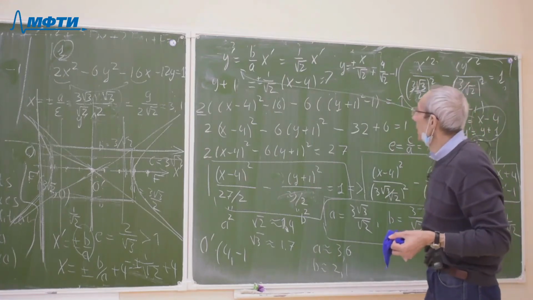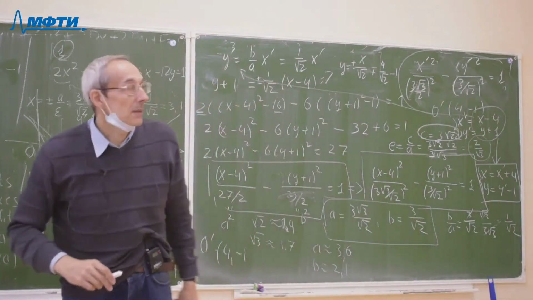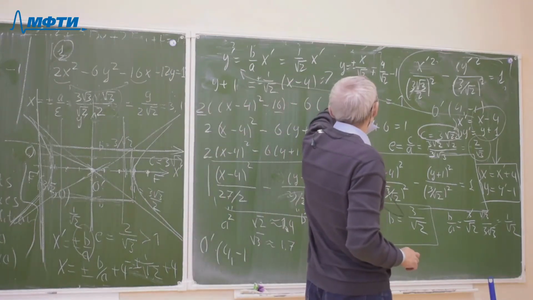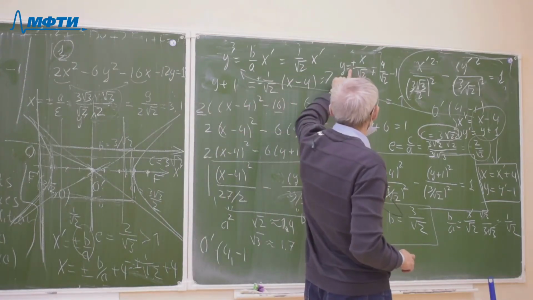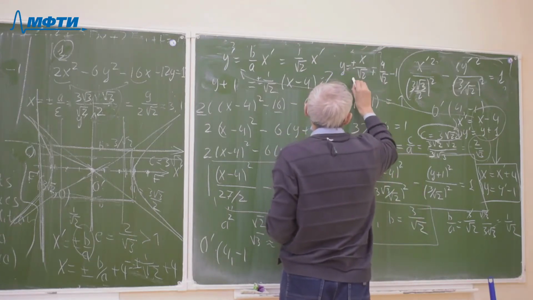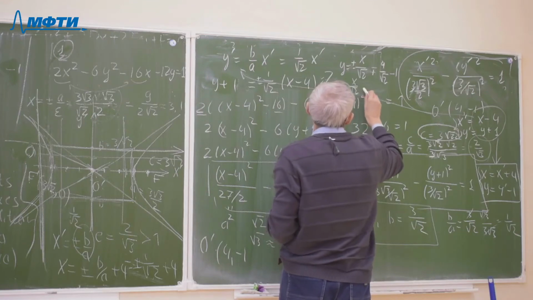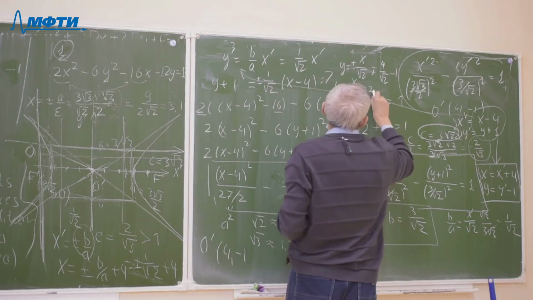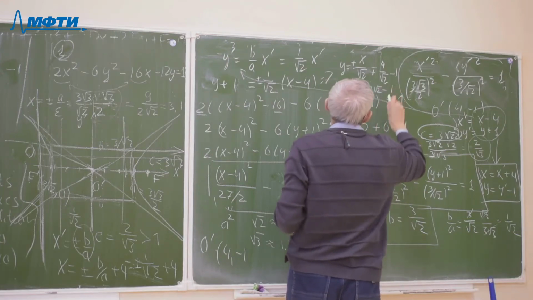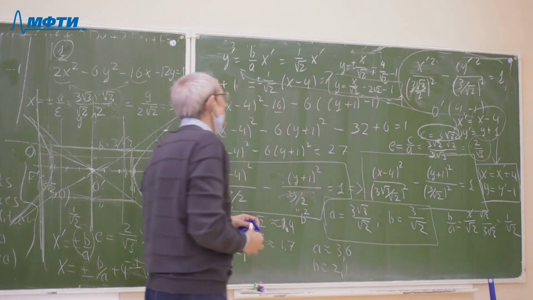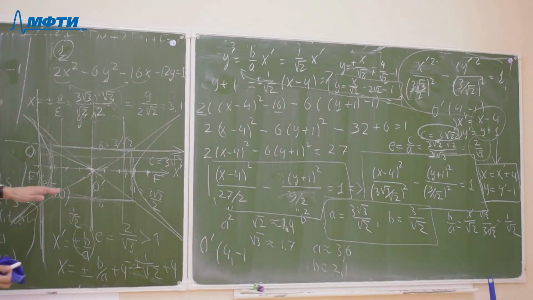This is the equation of our directrices. When we choose the sign plus, we obtain the following equation, this moved straight line.